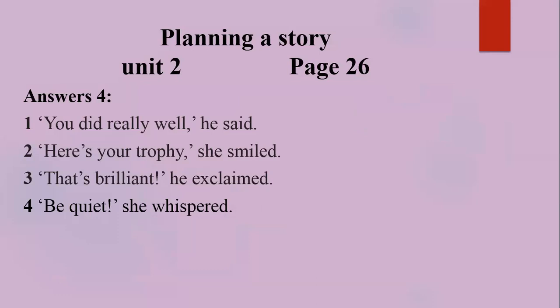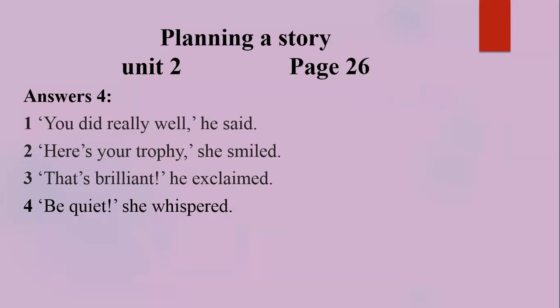We mark the punctuation before the speech and after the speech, and then we write the reporting verb after or before the reported speech. Like, you did really well, these are the actual words of the speaker. And then he said, he is the speaker, and said is the reporting verb.